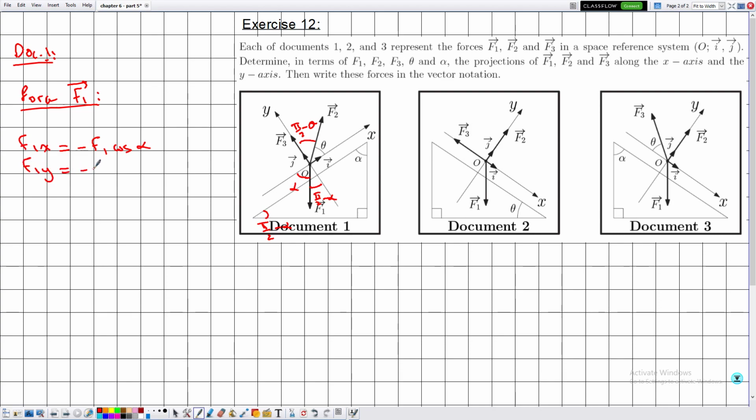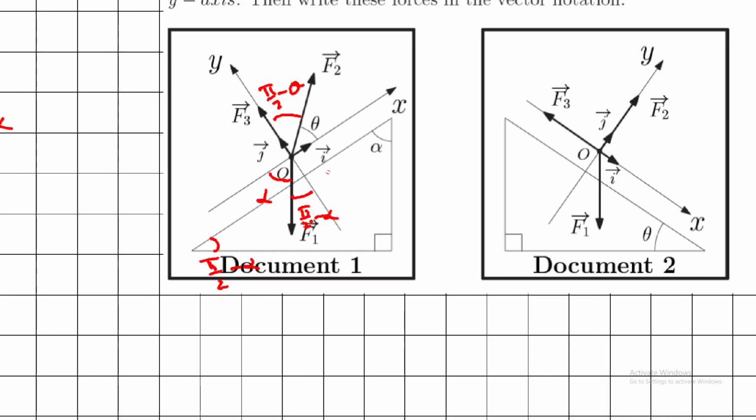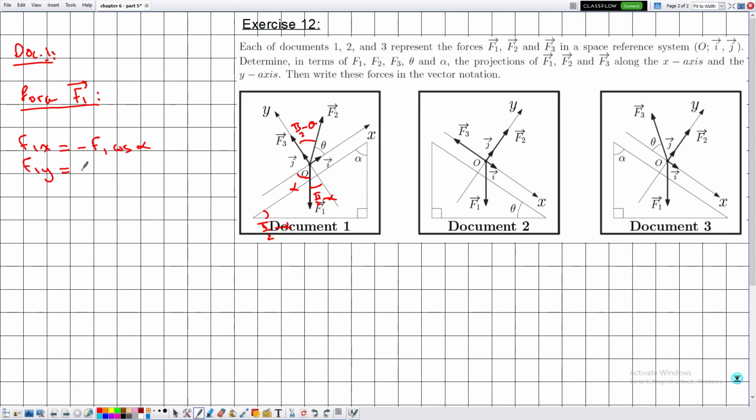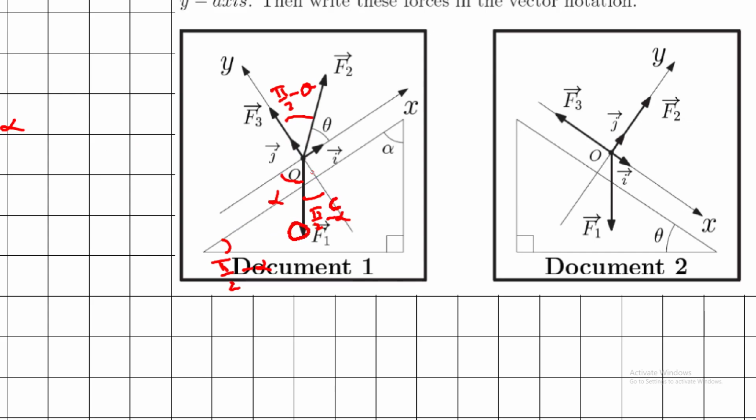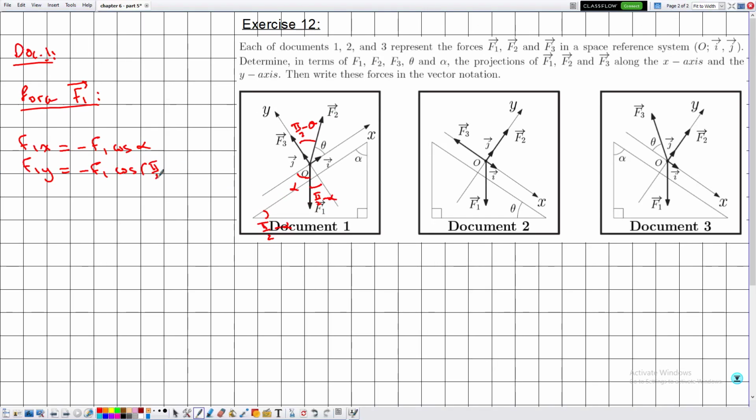F1y: notice that F1 is pointing in the negative direction of the y-axis, so it's minus F1 times the cosine of the angle between the force F1 and the y-axis, which is pi by 2 minus alpha. So this is equal to minus F1 sine alpha. Then the force F1 in vector notation is given by F1x i plus F1y j, which is equal to minus F1 cosine alpha i minus F1 sine alpha j.